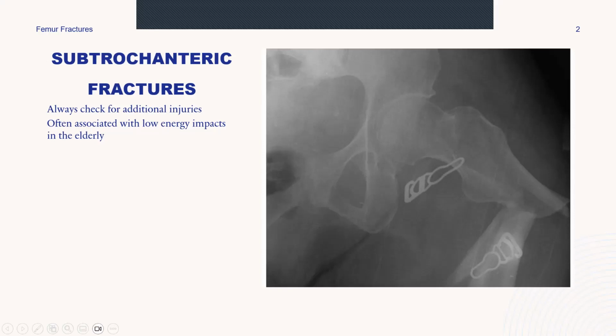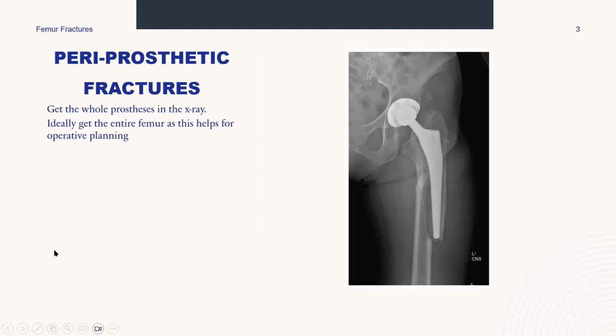But in a younger person, if you get this, always look for additional injuries. Generally, you tend to get acetabular injuries as well, and pelvic injuries associated with that. But it's much more common in the elderly. You don't really find it that much in our younger cohort of patients. Very osteopenic bone, associated with a lot of other factors as well.